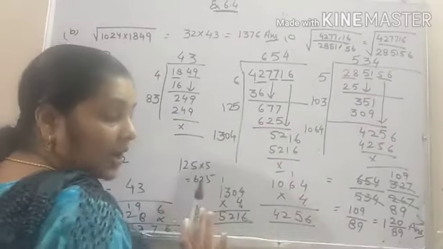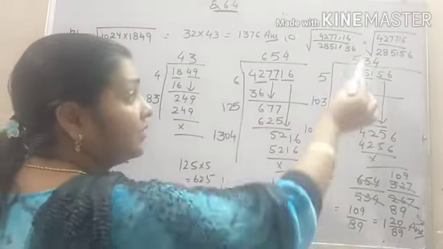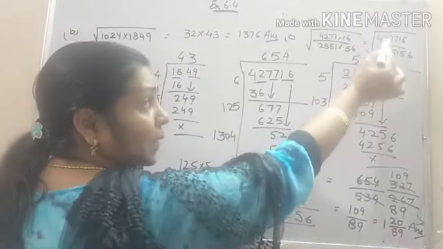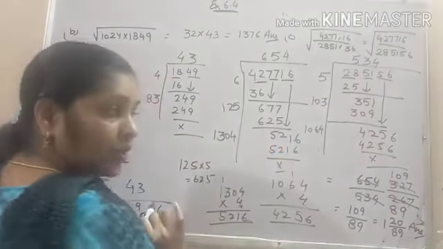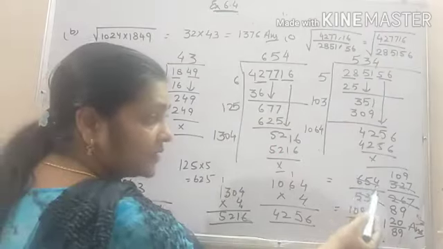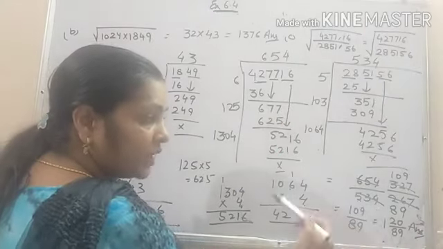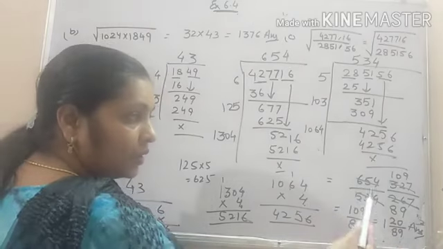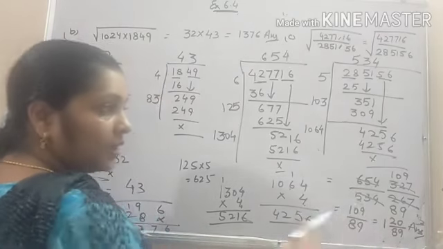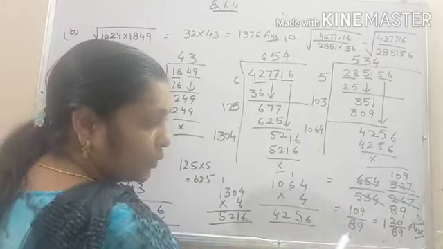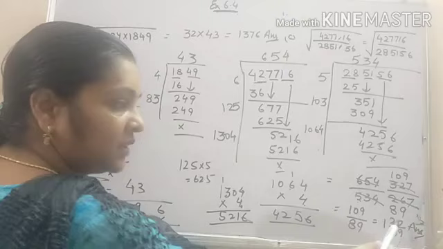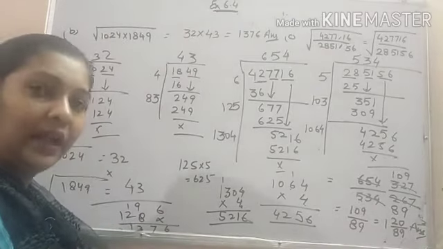Now roots are there with us, so I will cancel the roots because we have to apply the division operation over there. So I will divide 654 by 534. That means I have to convert this fraction into the lowest term. So our answer comes out to be 109 by 89. Converting it into a mixed fraction, we get 1 and 20 by 89.